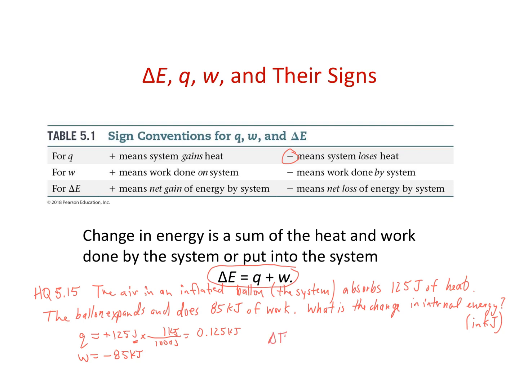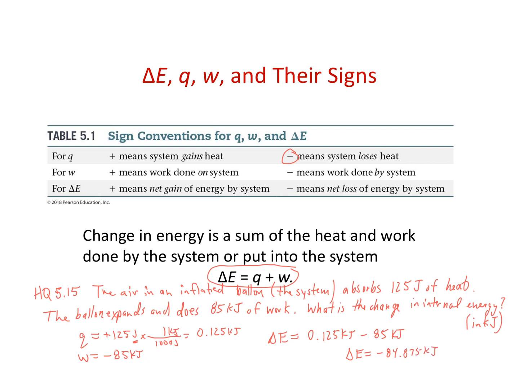Now I could find that the change in energy equals a positive 0.125 kilojoules minus 85 kilojoules of work energy to see that the total change in energy during the course of the reaction would be a negative 84.875 kilojoules.